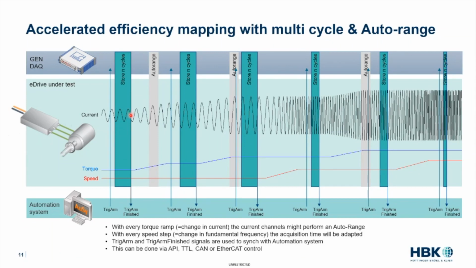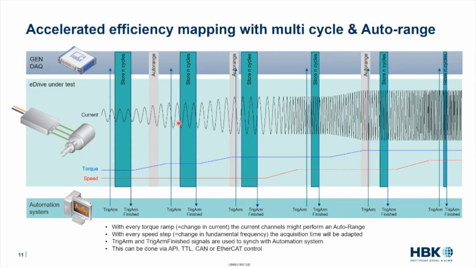When it's ready, it will send a signal back to the automation system saying trigger arm finished. And the automation system will advance to the next set point. In that period, the power analyzer might even execute an auto range to make sure that always the best range is used for the input signal.